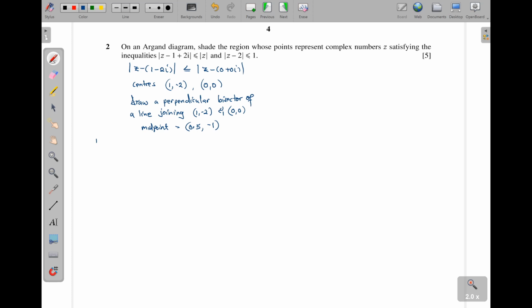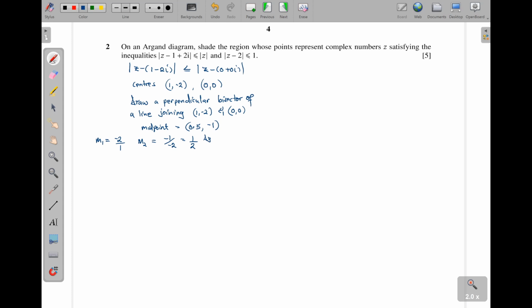And then also M1, the gradient of the line joining these two centers, is going to be the change in y, which is negative 2 minus 0, out of 1 minus 0, okay. So M2, in other words, the gradient of this perpendicular bisector, is going to be negative 1 out of this negative 2 we have gotten here, okay. So this is 1 over 2.